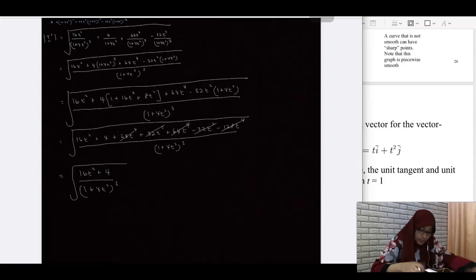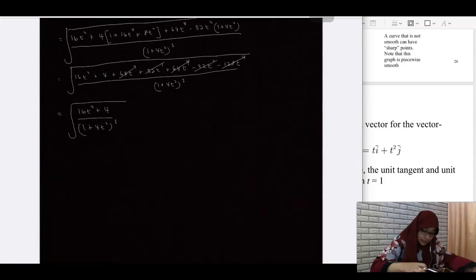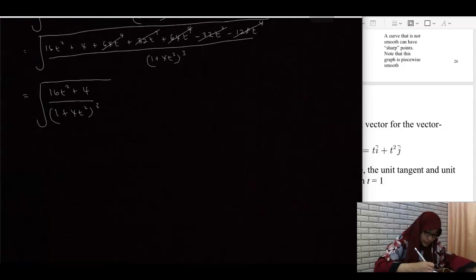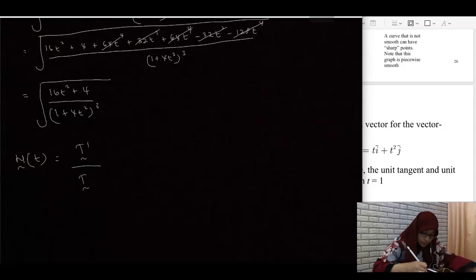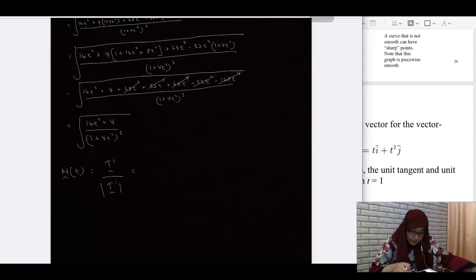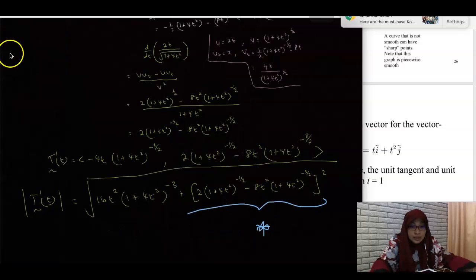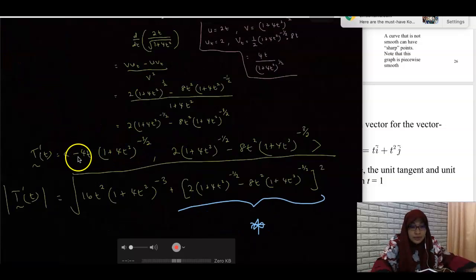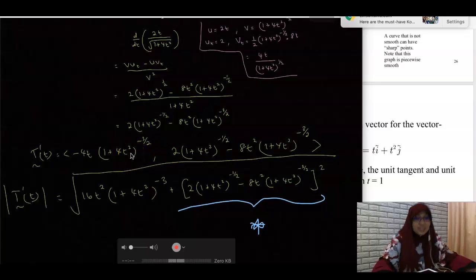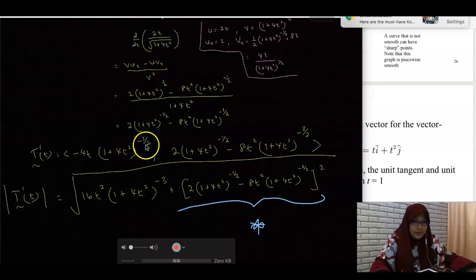Now we can obtain the unit normal vector, which is T prime over its magnitude. From our previous result, T prime is this one. So we have to divide this component by the magnitude of T prime, and similarly this one as well.